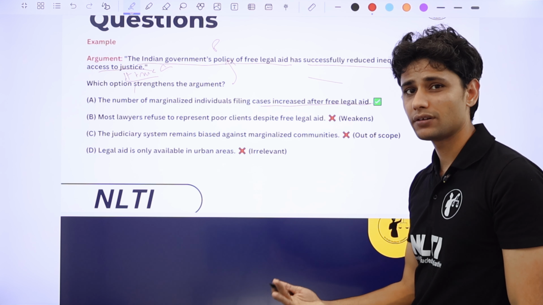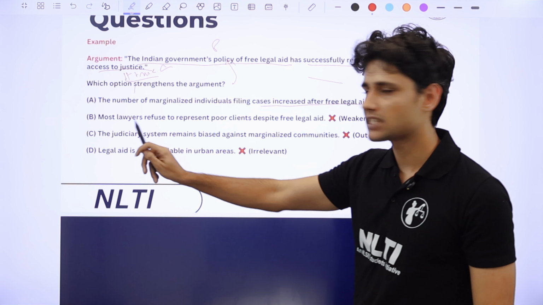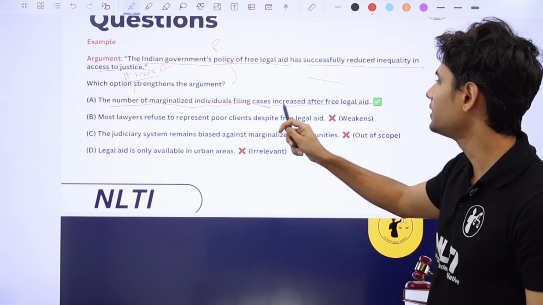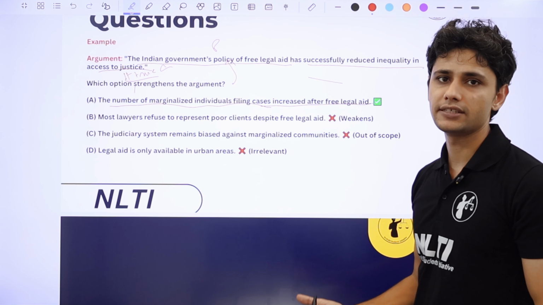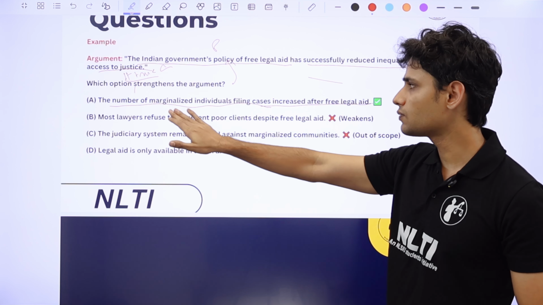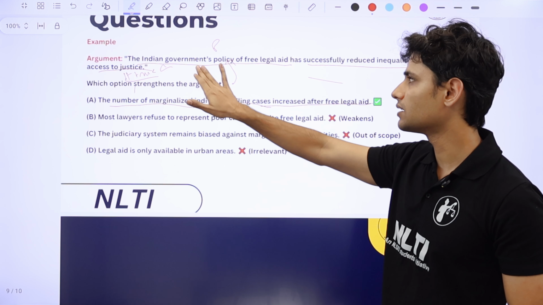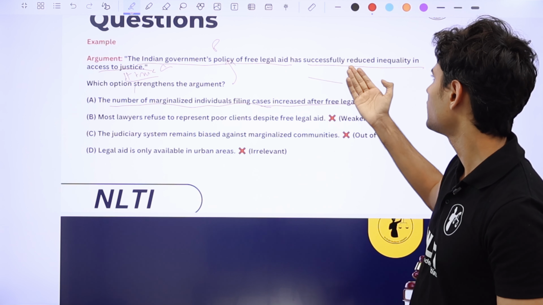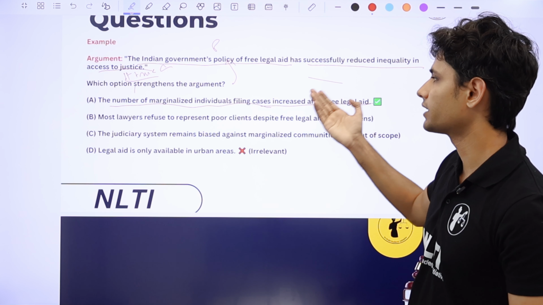Why has that happened? One of the ways you can explain that is that the number of marginalized people filing cases for free legal aid has increased. So this is one of the ways in which we are strengthening the assumption that by introducing this policy of free legal aid, there is a reduction in inequality in access to justice.